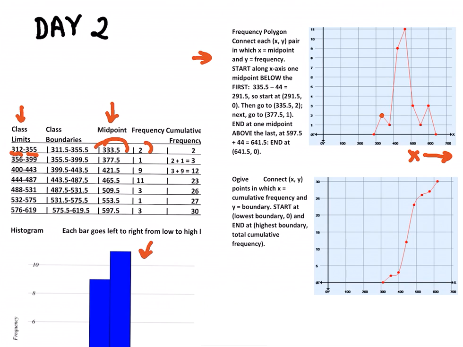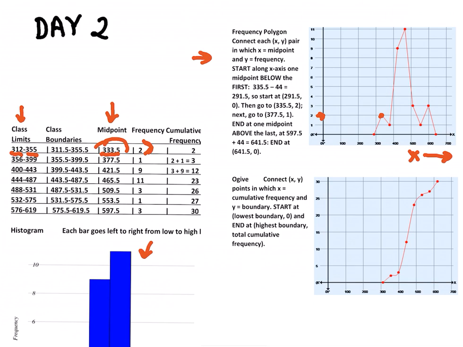We have two of the alternators among all our alternator prices. We have two alternators that are priced in this class. So we take the midpoint of that class and we go two high and graph that point.